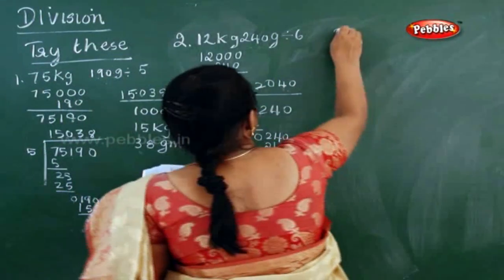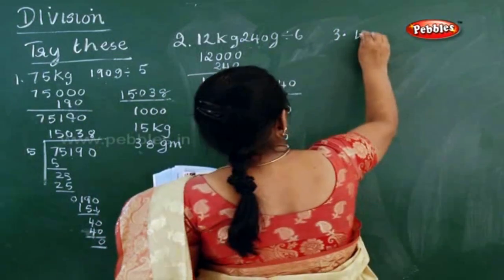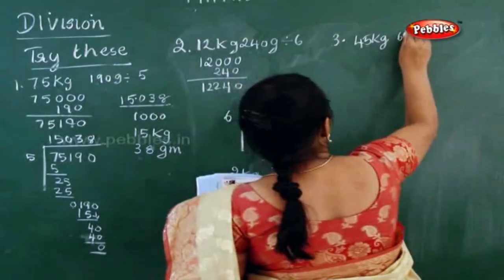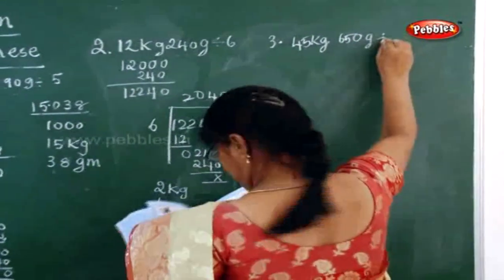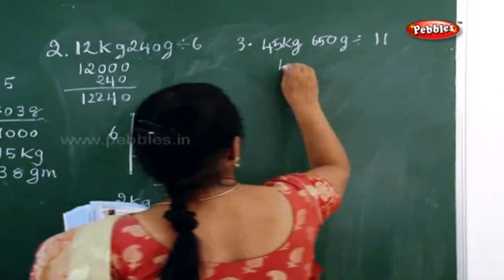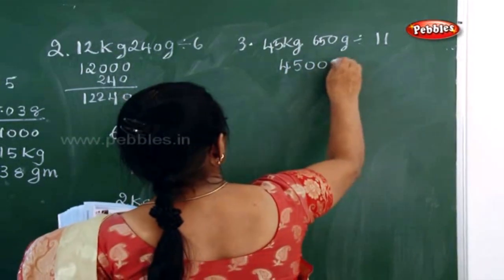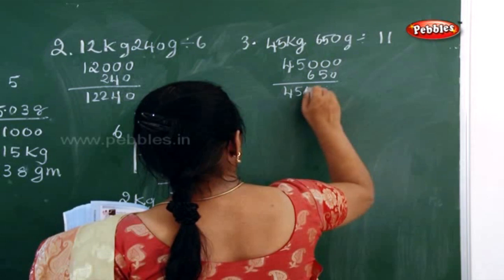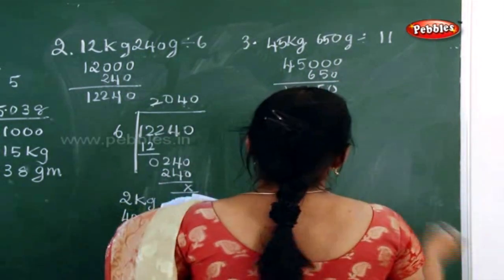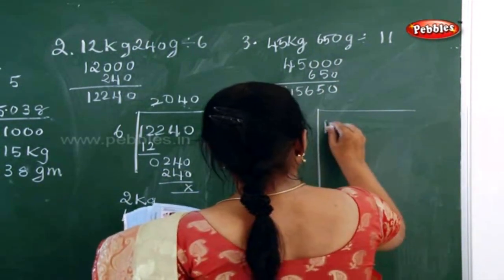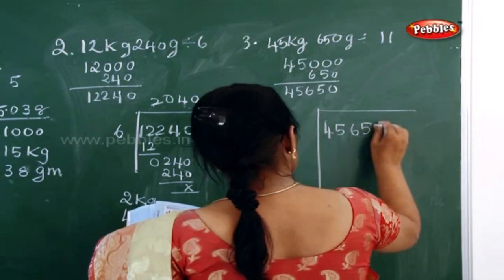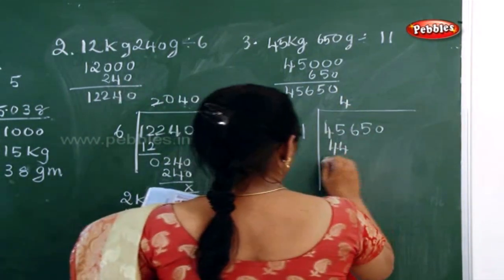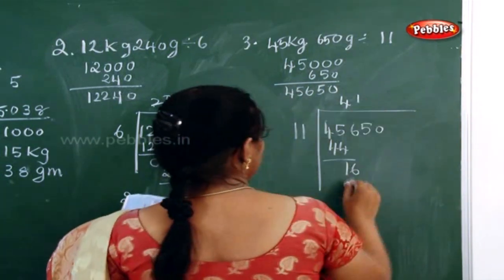Now next, what is the next sum? 45 kilos 650 gram divided by 11. So again, same, 45,000 plus 650, you get 45650. You have to divide it by 11. How many times? 11 fours are 44. You get 1 6, again 1 time.